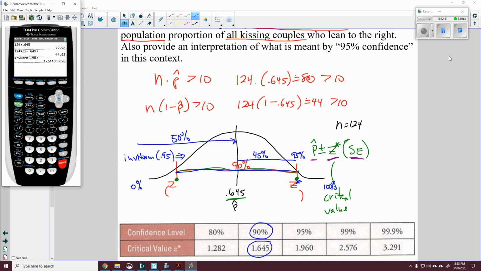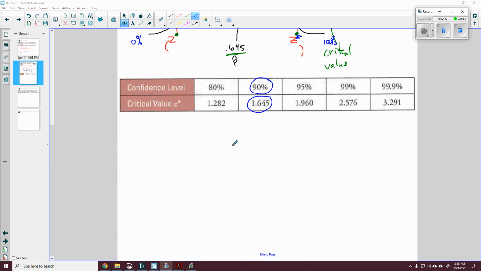If I was looking for a different confidence level, let's say a 70% confidence interval, I'm going to make the same diagram.